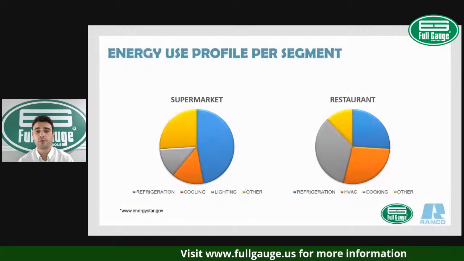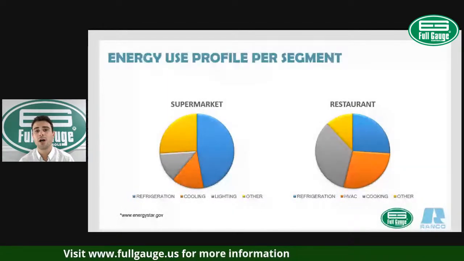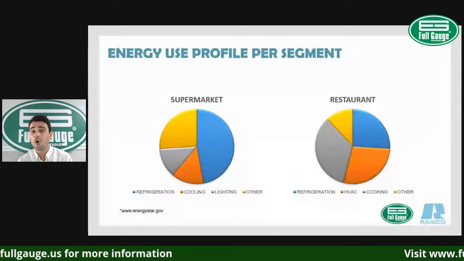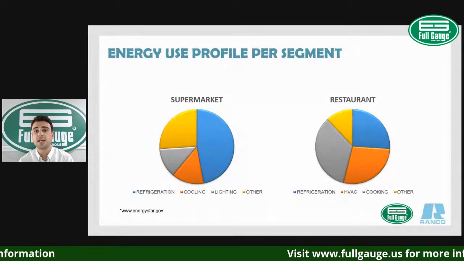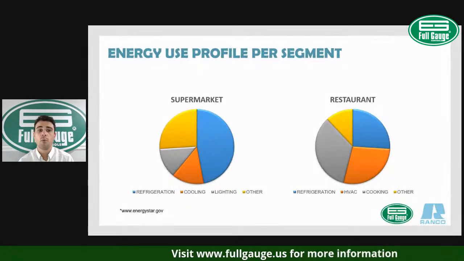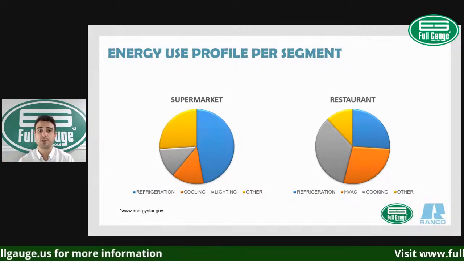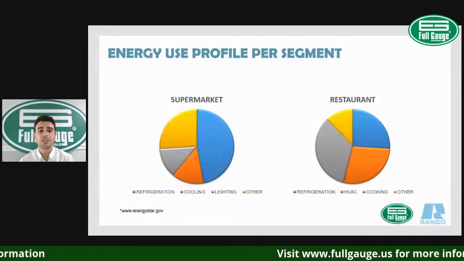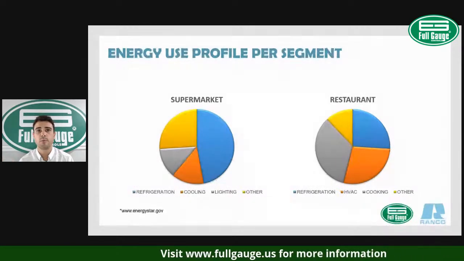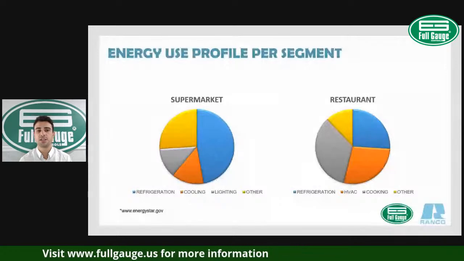Refrigeration equipment is responsible for over 25% of electricity consumption in restaurants. When we look at supermarkets, that ratio goes up to 50%. So 50% of the total energy consumption in a supermarket comes from the refrigeration system.